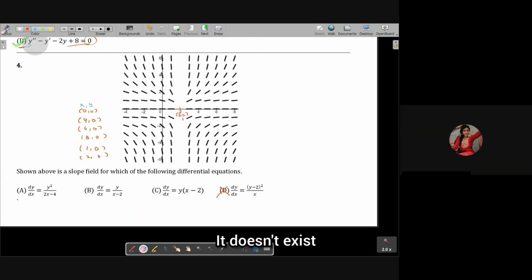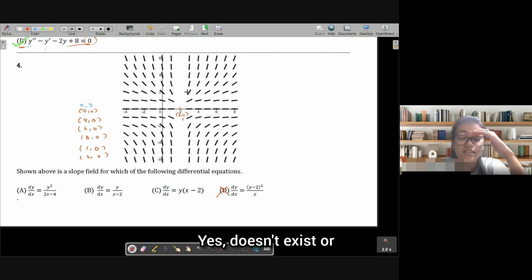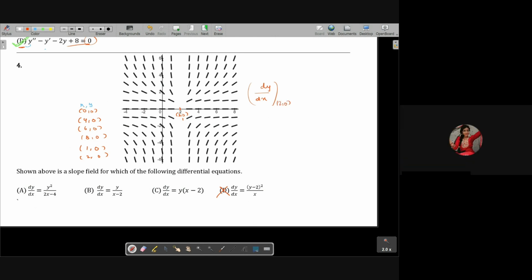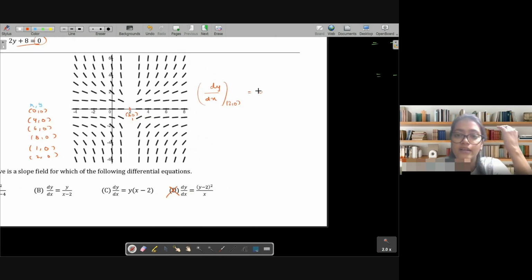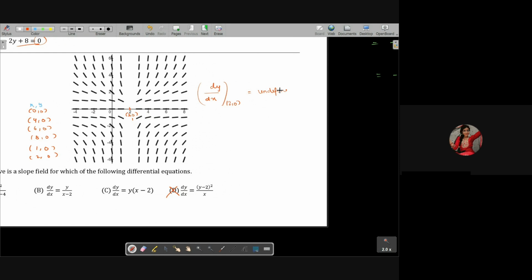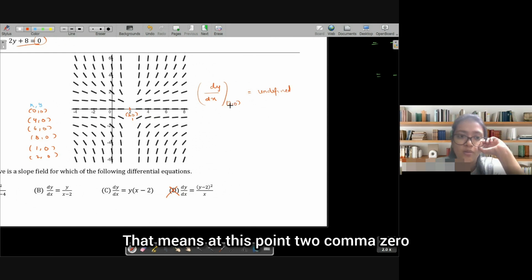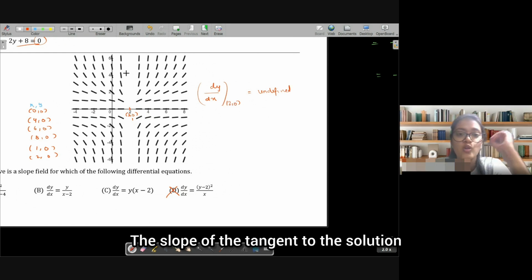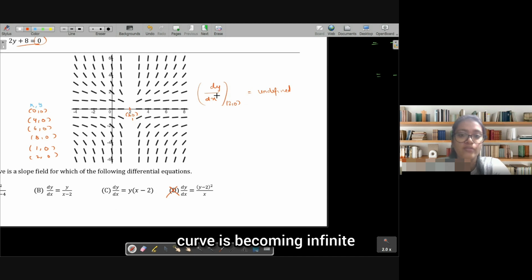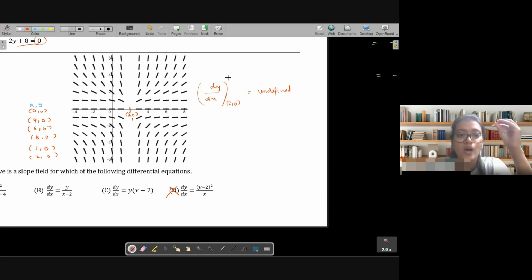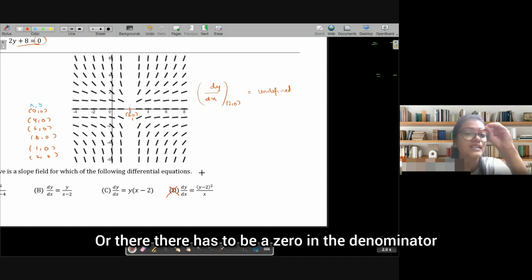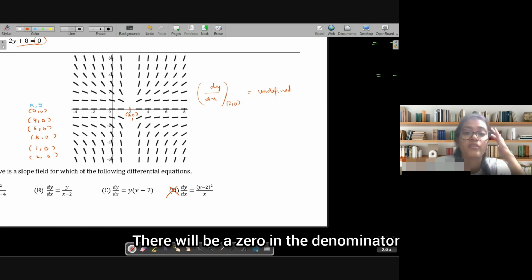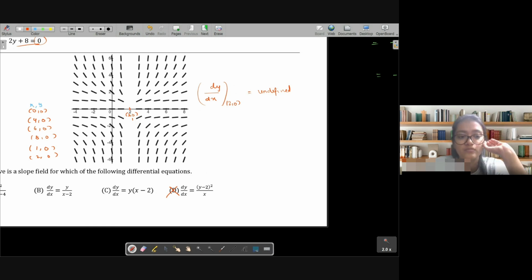It doesn't exist, or your dy by dx at point 2 comma 0 doesn't exist. That means it is undefined. That means at this point 2 comma 0, the slope of the tangent to the solution curve is becoming infinite, or there has to be a 0 in the denominator. There will be a 0 in the denominator.